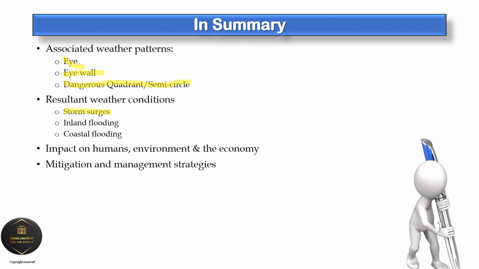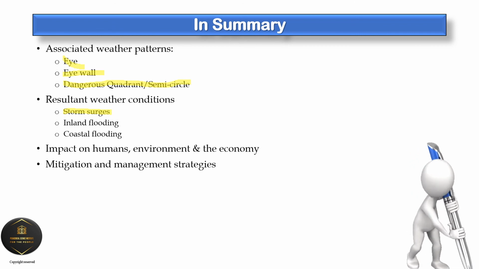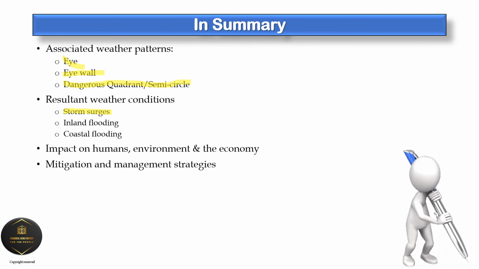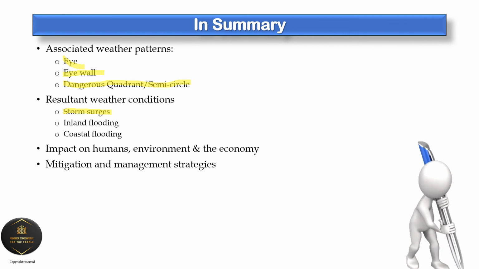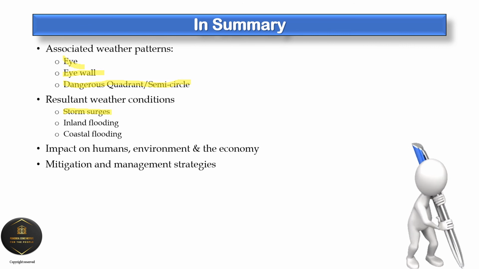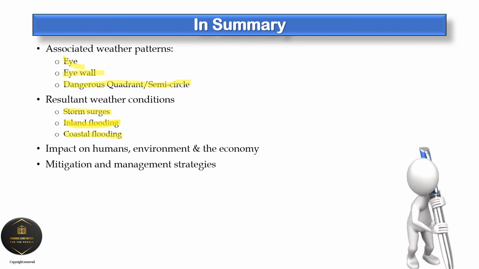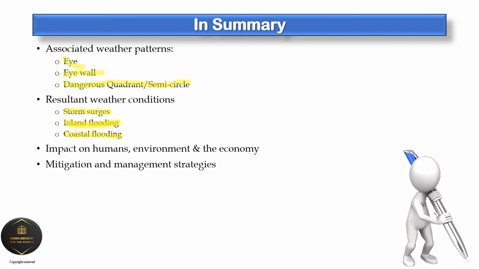So we looked at storm surges, which are storms that result from air submerging in the dangerous quadrant. We talked about inland flooding. When the system goes far inland, it may lead to inland flooding. We also talked about coastal flooding, which results from an increase in altitude of the water in the ocean, which may lead to the flooding of coastal regions.